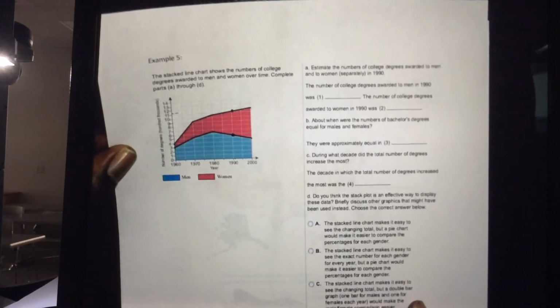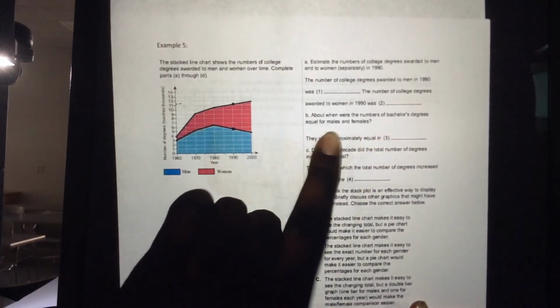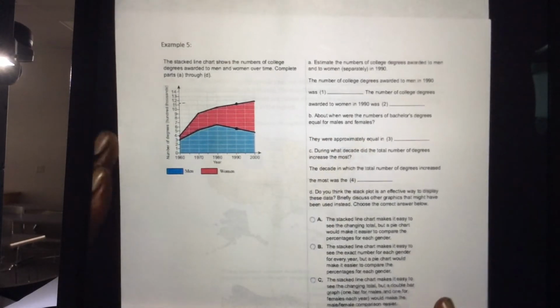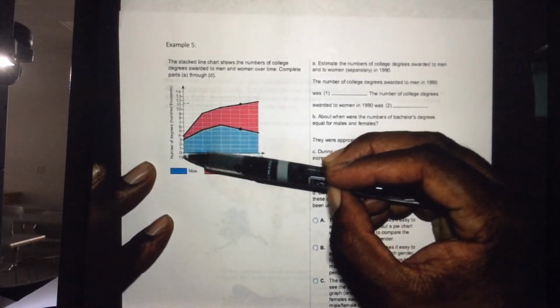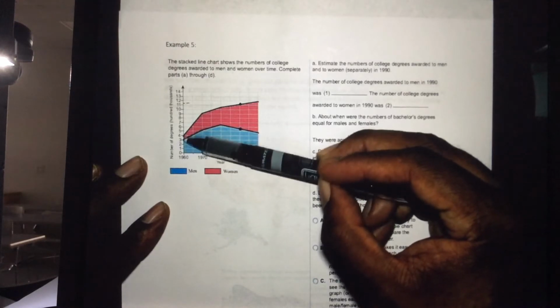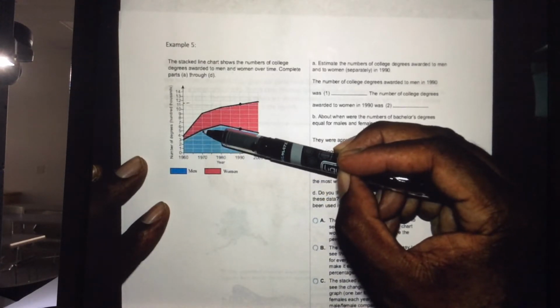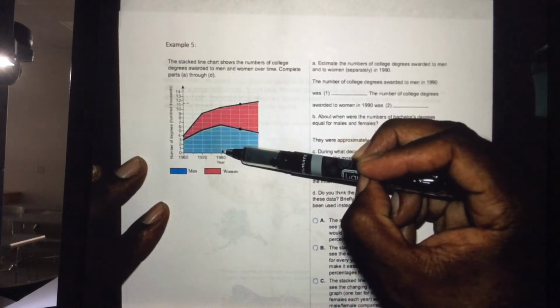Now, part B, about when were the number of bachelor's degrees equal for males and females. Well, we know in the 1960s there were more men with bachelor's degrees than women, and in the 70s there were more men with bachelor's degrees than women again.